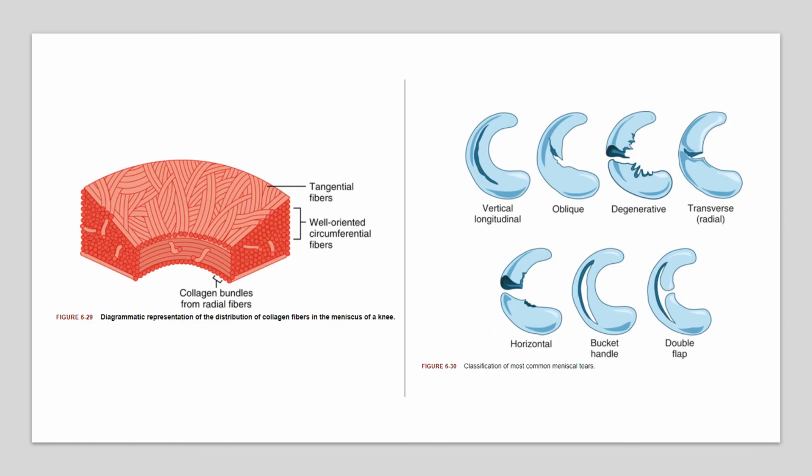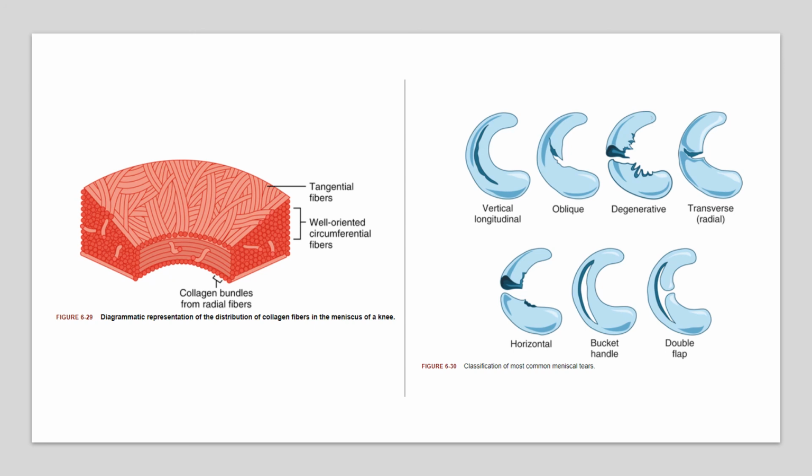This slide here is just a diagrammatic representation of the distribution of collagen fibers in the meniscus of the knee. So collagen is oriented throughout the connective tissue in such a way as to maximally resist the forces placed upon these tissues. The majority of type 1 collagen fibers in the meniscus are circumferentially arranged, with a few fibers on or near the tibial surface, and these fibers are placed in a radial pattern.